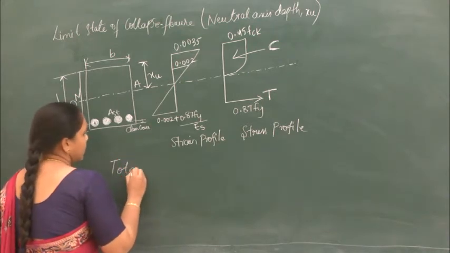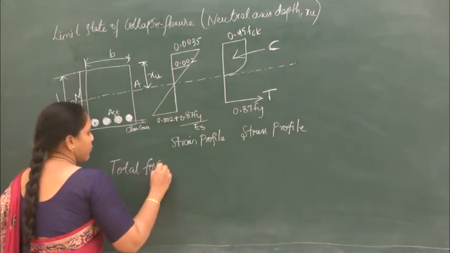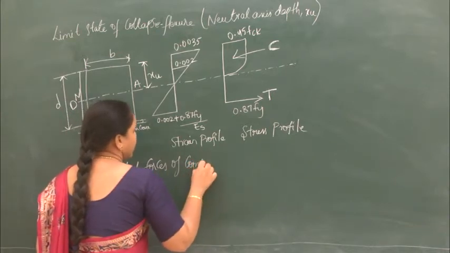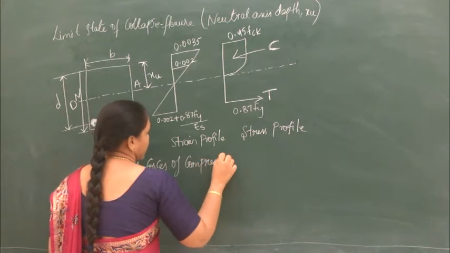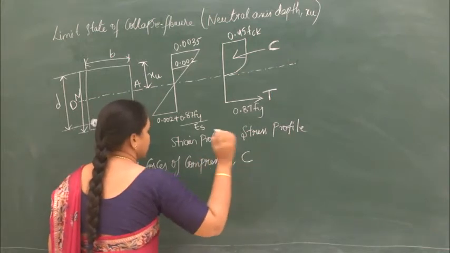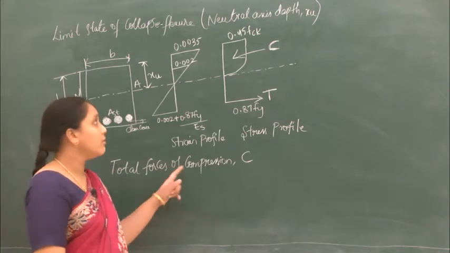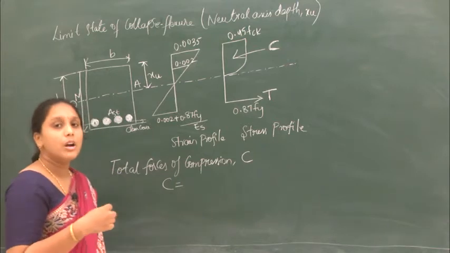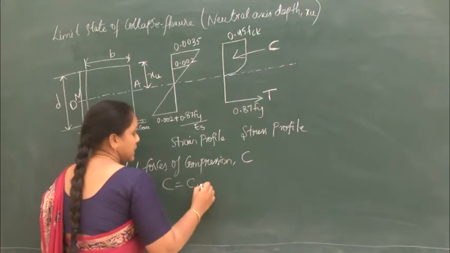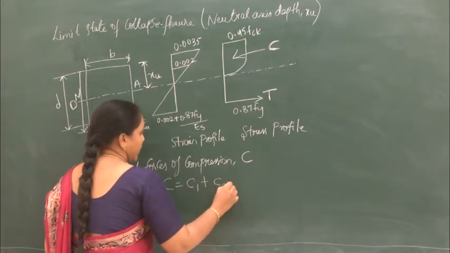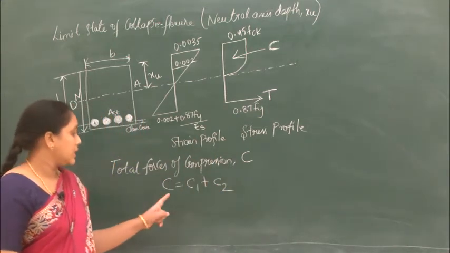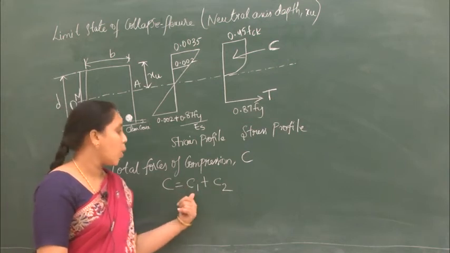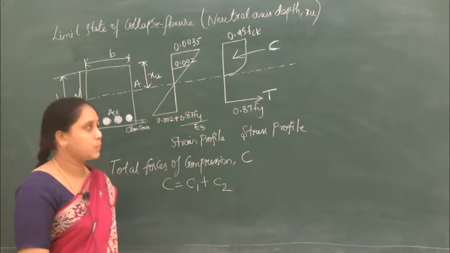The total force of compression C is made up of two forces, C1 and C2. That is, C is equal to C1 plus C2. Now we will see what C1 and C2 are.